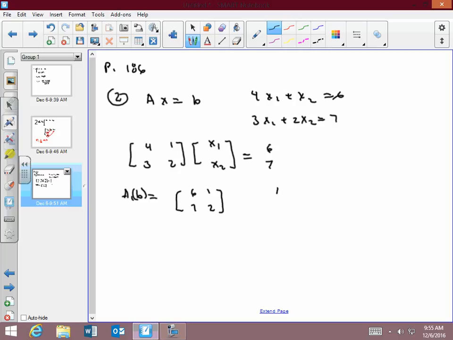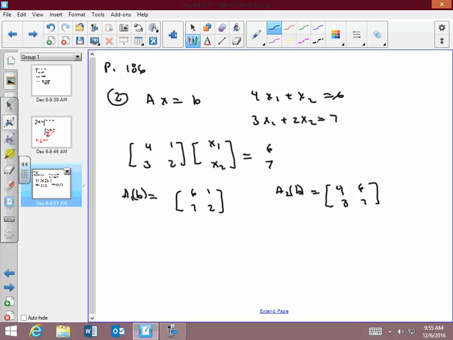And then the A2(B) is the A matrix, and put 6, 7 in the second column. And then what we're going to have to do is find the determinant of A and the determinant of each one of these.